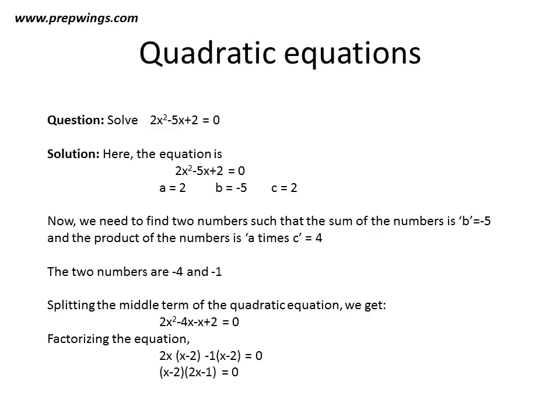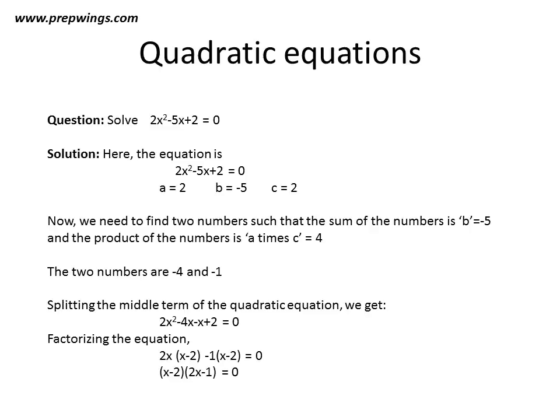Now we'll factorize this equation. From the first two parts, 2x square and 4x, I take 2x as common, so what I'm left with is x minus 2 in the bracket. From the remaining half, which is minus x and plus 2, I take minus 1 as common. Again in the bracket, x minus 2 is there.